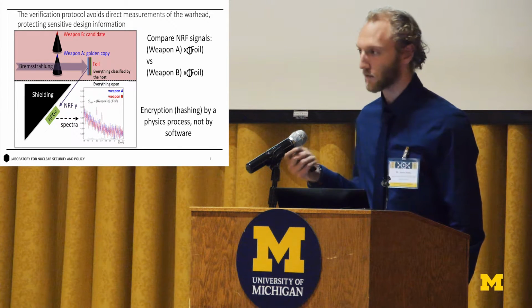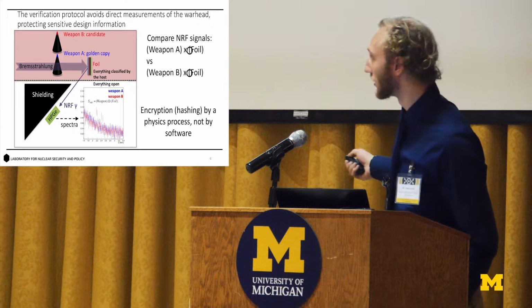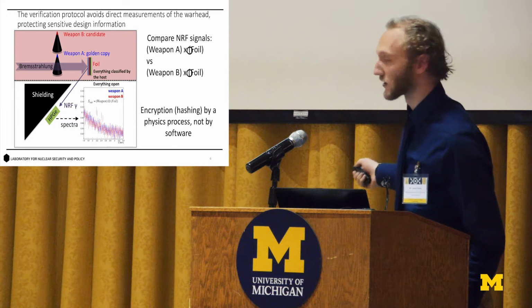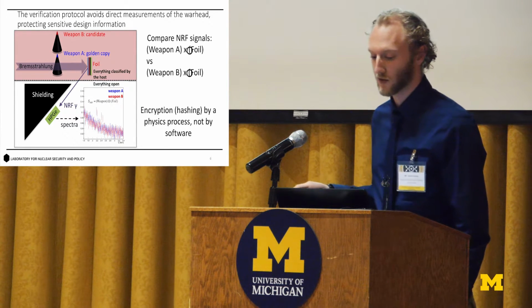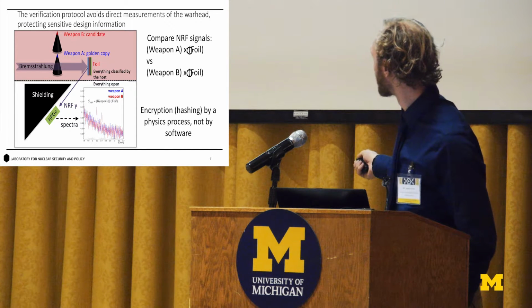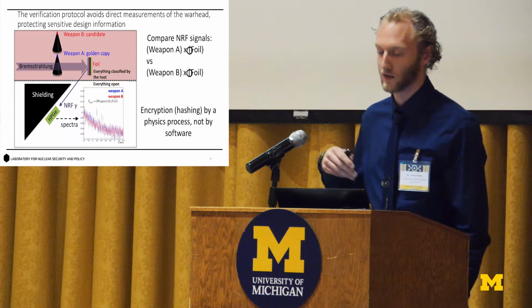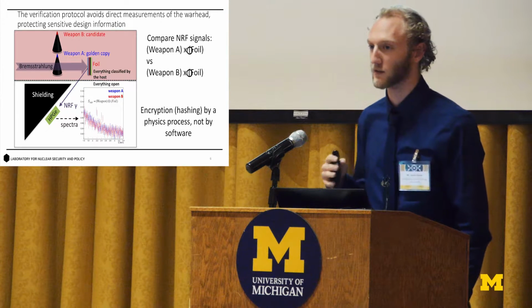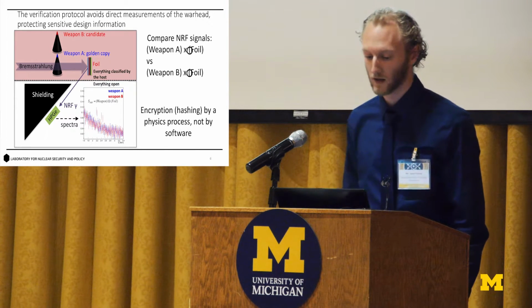So that's the foil. Now if I put the warhead in the beam, it essentially acts as an attenuation mechanism. So the foil, you can consider will produce the initial height of the lines, and the warhead will bring them down in varying amounts depending on what exactly is in the warhead.